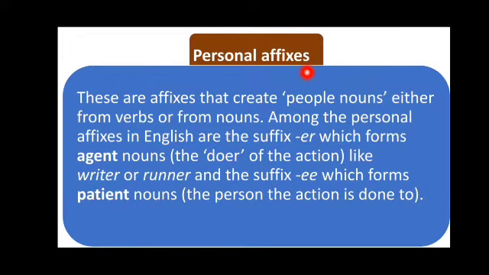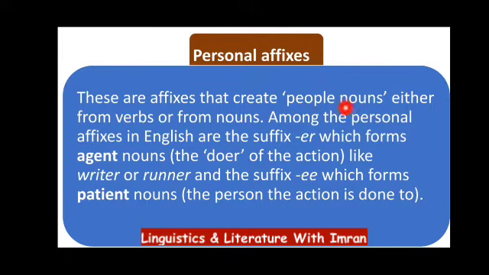personal affixes. There are affixes that create people nouns, either from verbs or from nouns. Among the personal affixes in English is the suffix -er. For example, we have the verb run, and when we add -er, it becomes runner, the doer of an action.